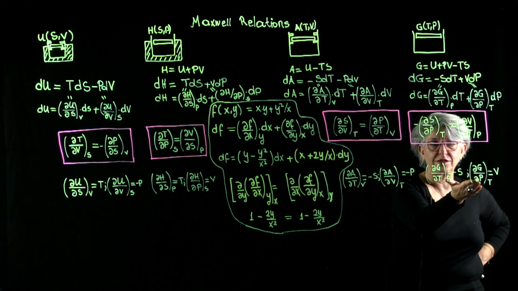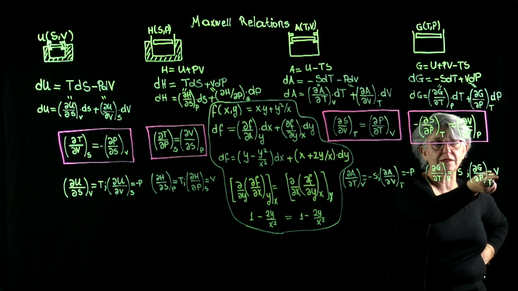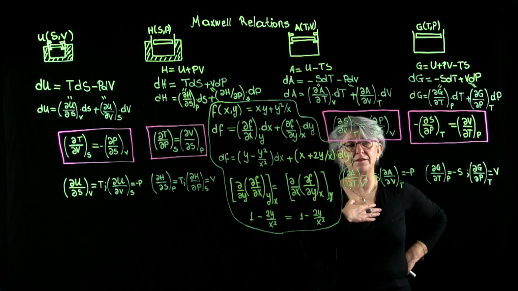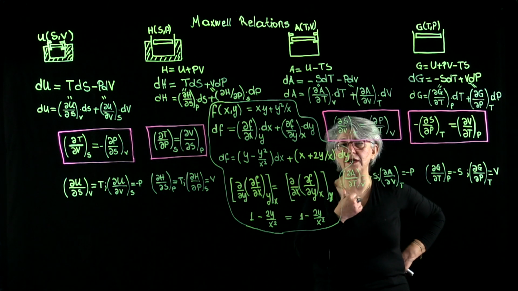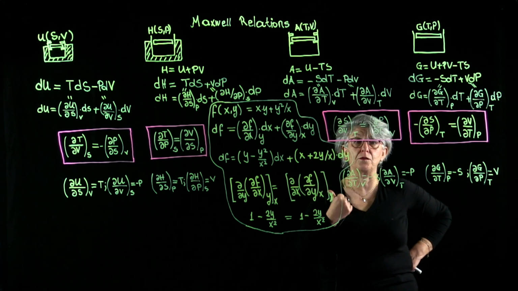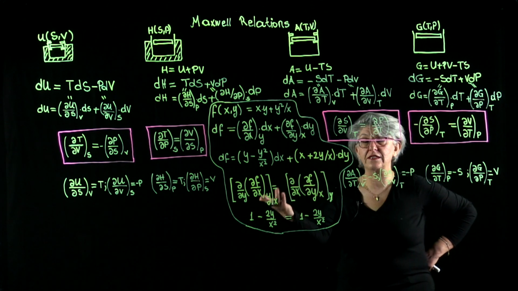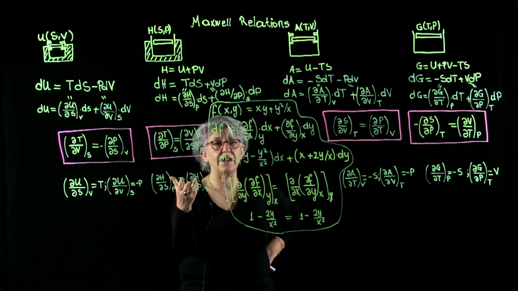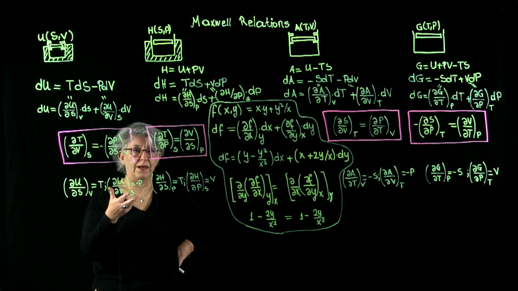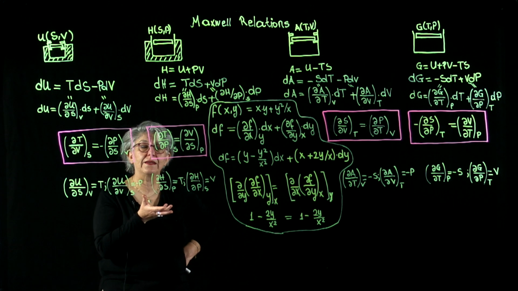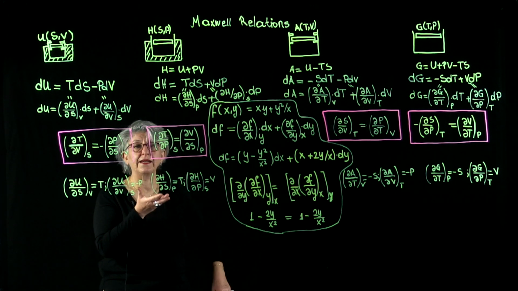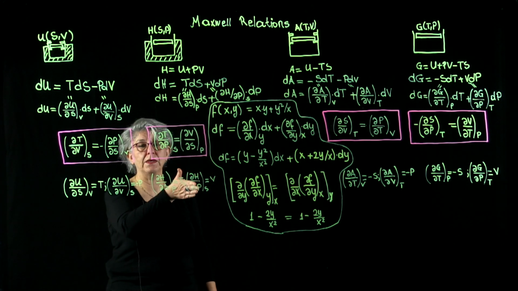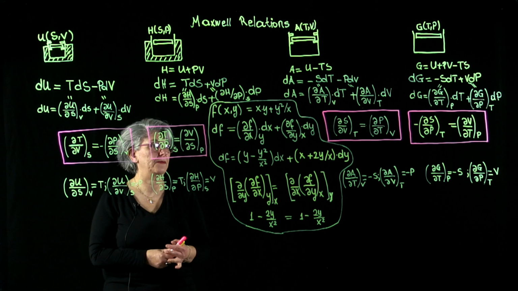Then its first derivative with respect to pressure, keeping T constant, also gives me V. So if I need V, and I don't have V, and I have G or H, I can obtain volume from those energies. All right? These partial derivatives are our compass to find the unknown in a thermodynamic landscape.